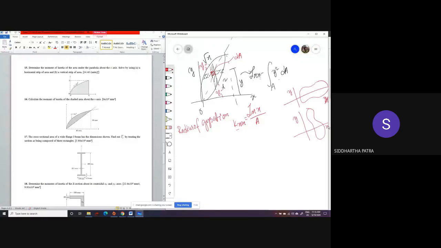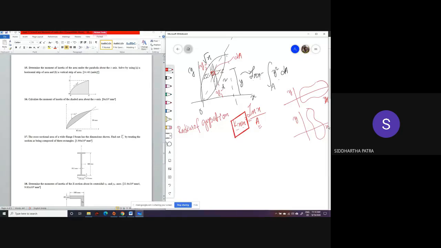So that's where the radius of gyration comes. In accordance with the area, you know how much it spans further from the x-axis. That can be known from kxx.